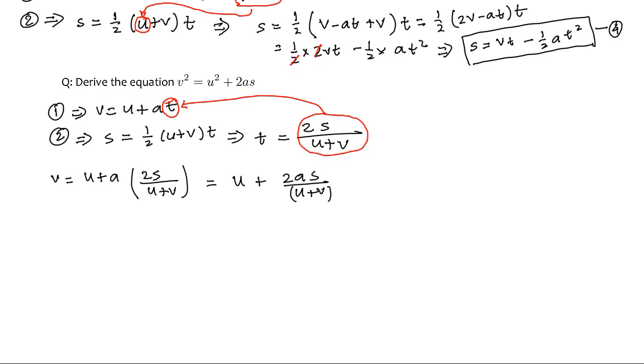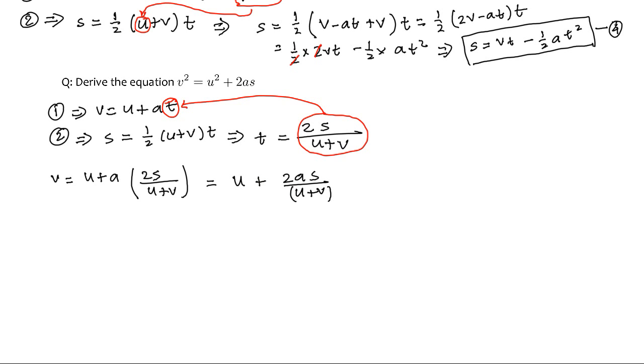How do I add these two together? Because these are algebraic fractions, if I want to add them, I want to make the denominator of this also to be u plus v. How can I do that? I have to multiply both the top and the bottom of this by u plus v.